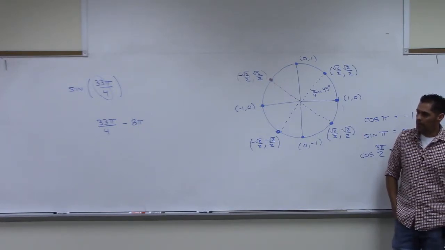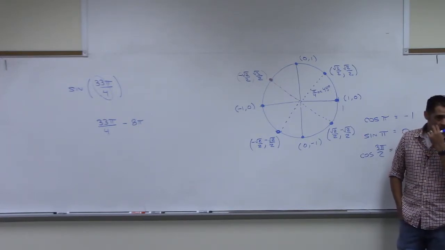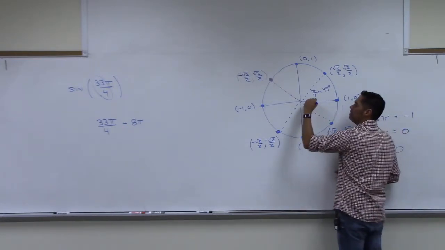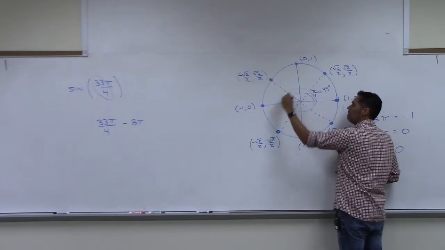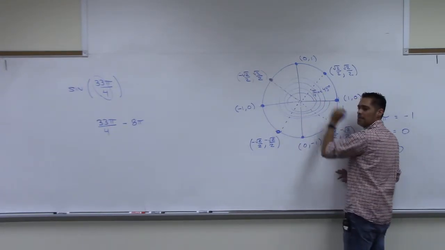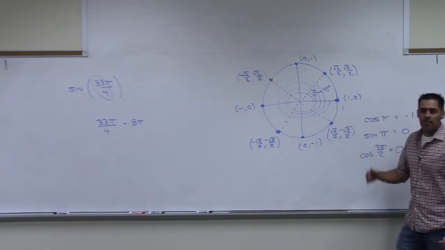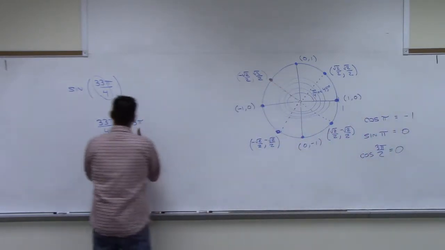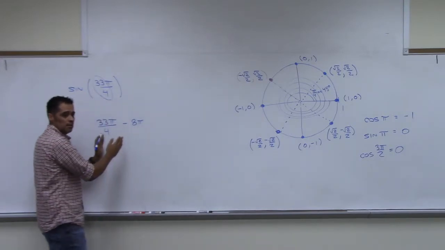You all okay with that? And let's see how much we would have left over. Because 8 pi would be 2 pi, 4 pi, 6 pi, 8 pi. That's how many rotations we've gone. But then what else? This is going to get us the difference, what's left over.